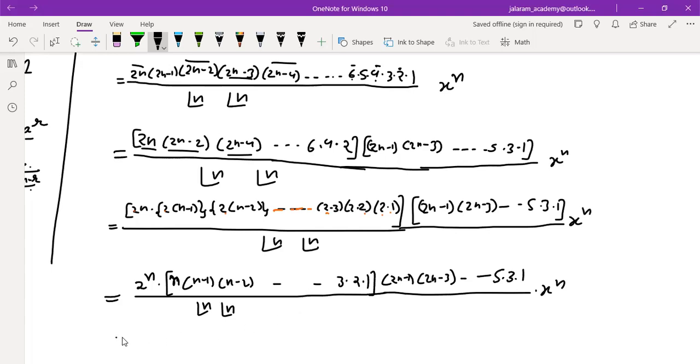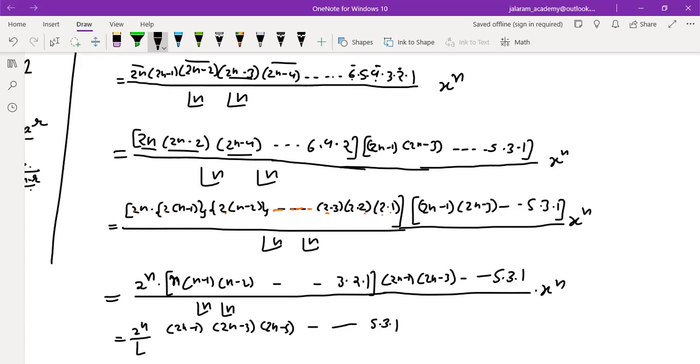So inside this bracket there is a factorial n and the denominator also has factorial n. So that factorial n will be cancelled out. So we are left with the product of these odd terms only. Is that clear to you?